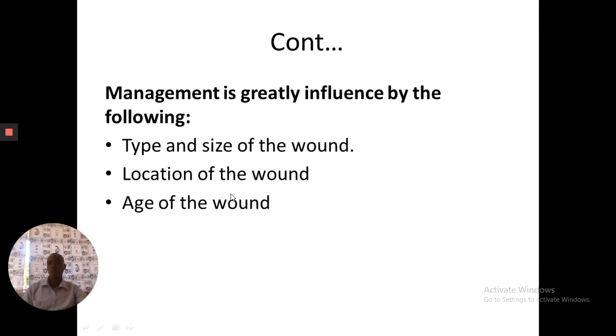Then a wound on the face, for example, you're not going to manage it the same way as a wound that is on the foot. These two things are different, and they are going to tell us how we adjust in these two different circumstances. And the age of the wound, a wound that occurred today is not the same as a wound that has taken 2 weeks. So these two, again, we are going to approach them differently.